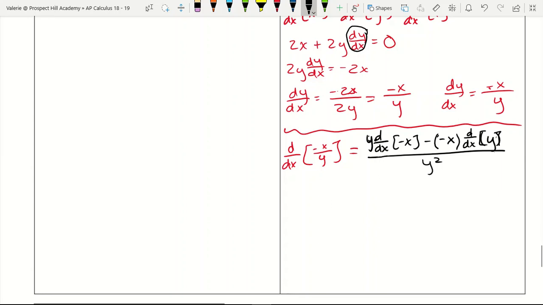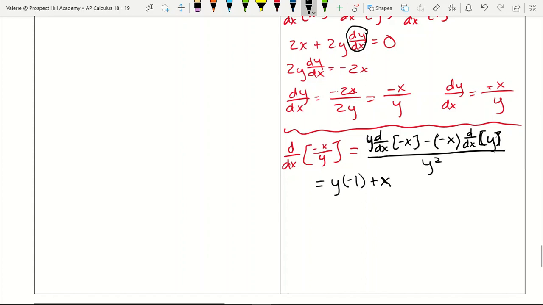Okay, so when we do this out, we are going to have y, the derivative of negative x, is just -1. So y times -1, double negative, so plus x.